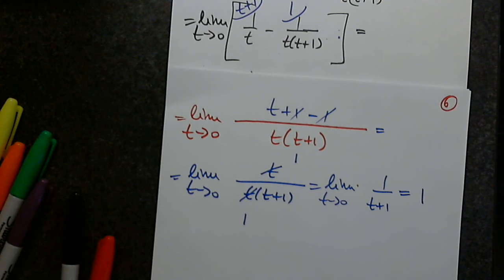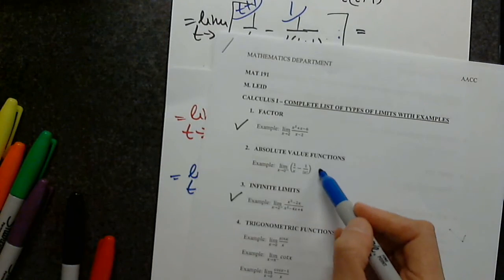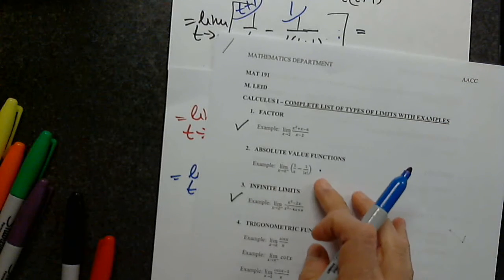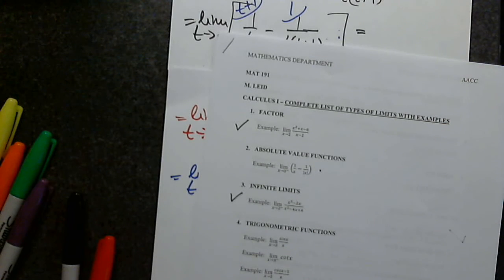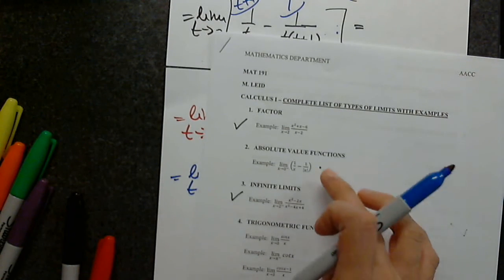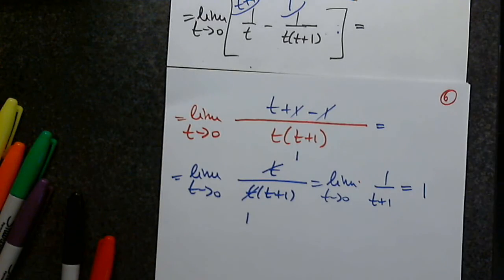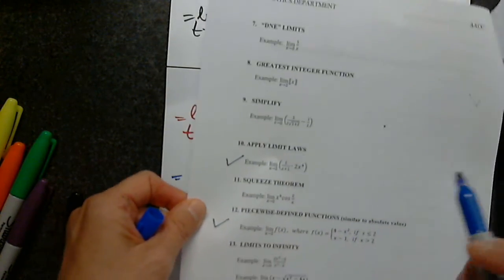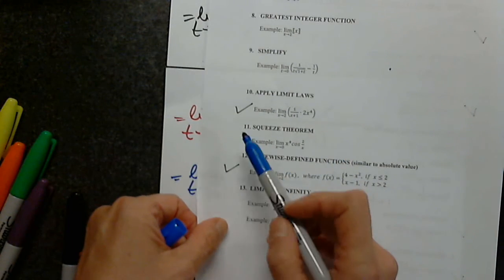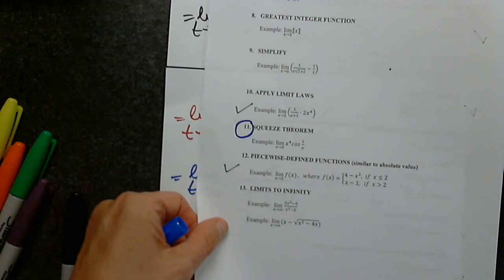Before we look at an example of absolute value, I do have something here that I would like to show you. Maybe I will assign this and show you another problem that I can ask you to pick from the book. But before we do that, I would like to show you number 11.